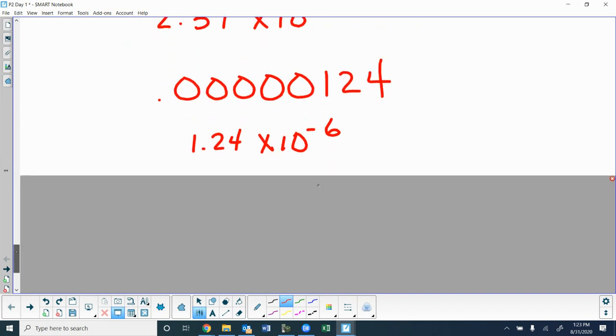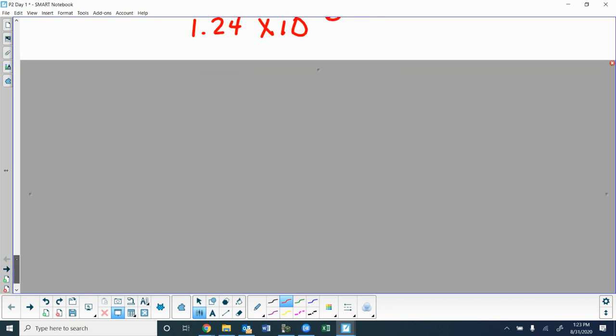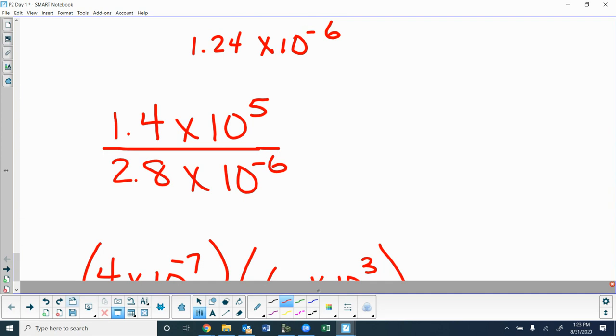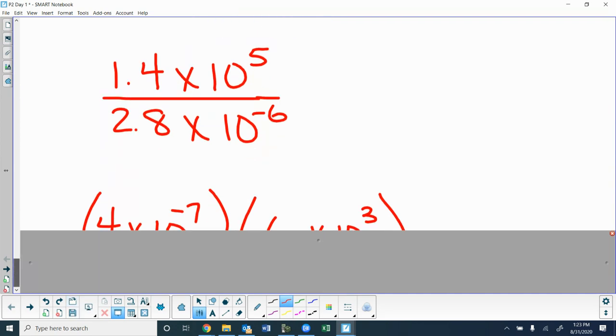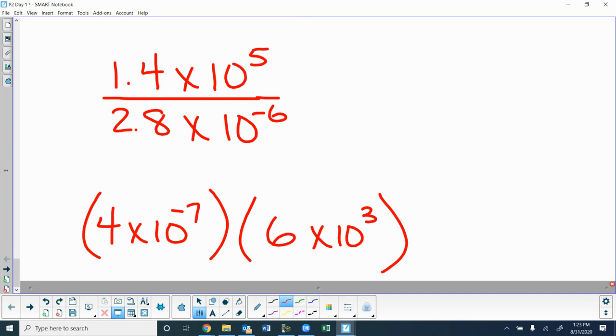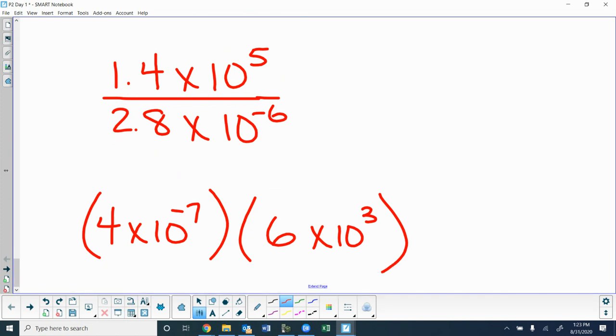You have a couple problems where they're going to make you multiply 2 numbers or divide 2 scientific notation numbers. Let's do this. Now, you can just put it all in your calculator like that. Your graphing calculator will do it. If you're doing division, make sure you put the parentheses around it before you hit that division.